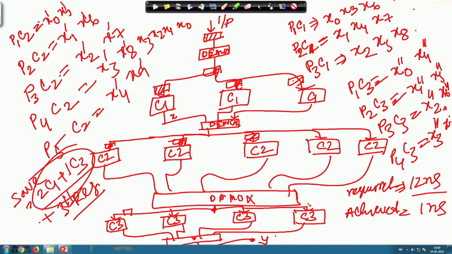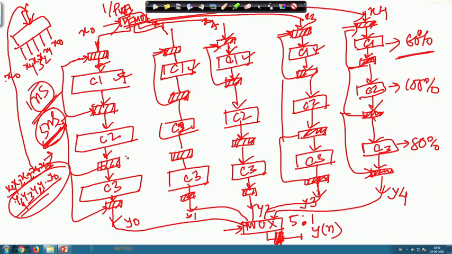So, whatever circuit we have seen, if each of these blocks is taking 5 nanosecond, there is no chance for further optimization. If these blocks are different, that means the delays for C1, C2, C3 are different, at that time there is a chance for optimization.